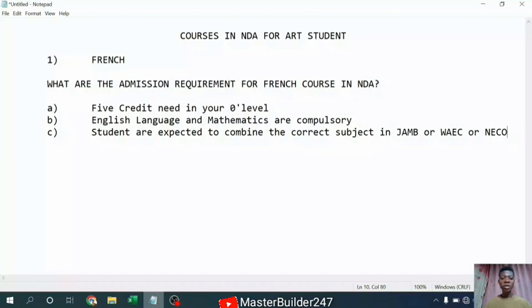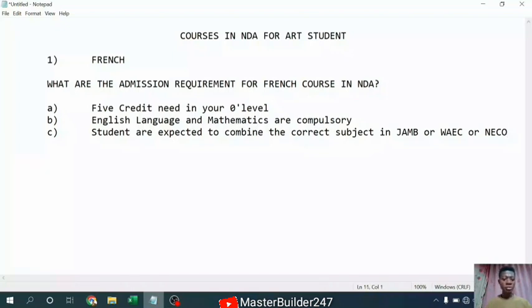Most candidates fail to do the proper combination of subjects. So here you are to make sure that you combine the correct subjects in JAMB or WAEC or NECO. It's very, very important that you do that.